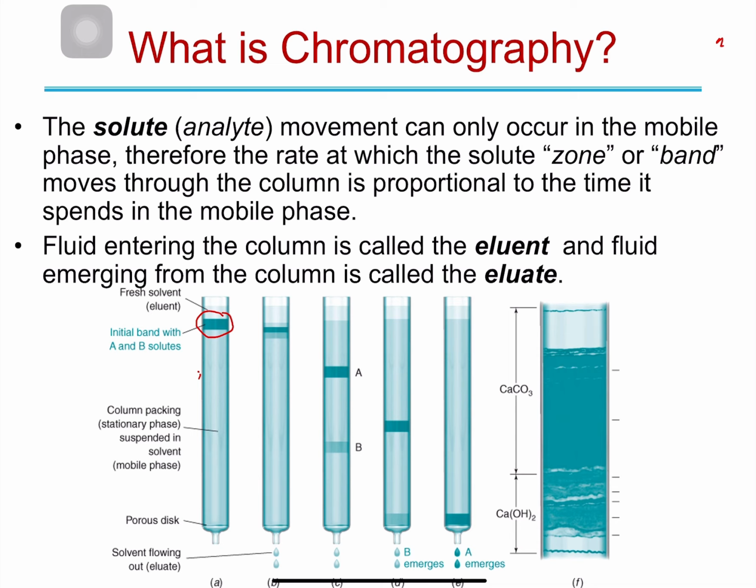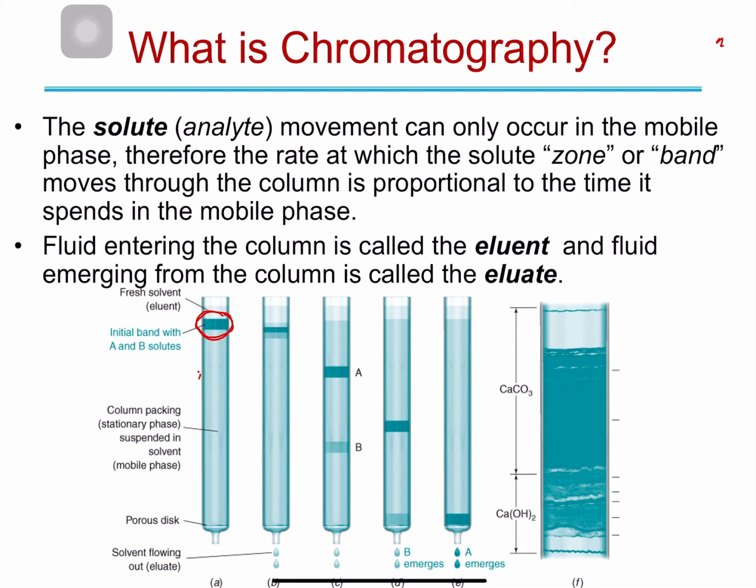And then you start off by putting the mixture, including the analyte that you want to separate, or want to identify, or want to get in a pure form. And you start off with an initial band of both A and B. And then you start to add your mobile phase.